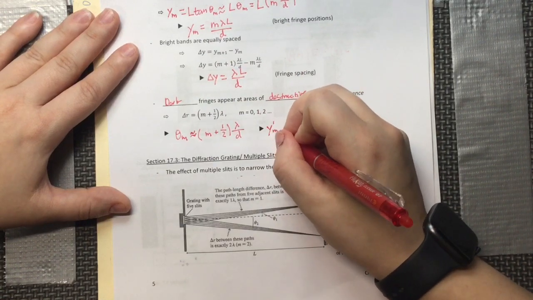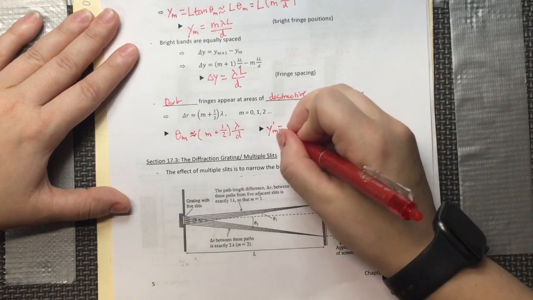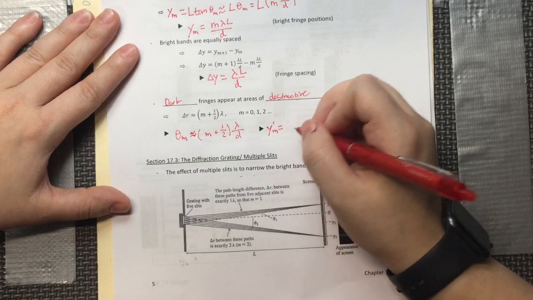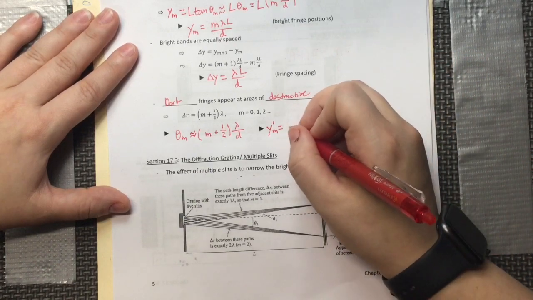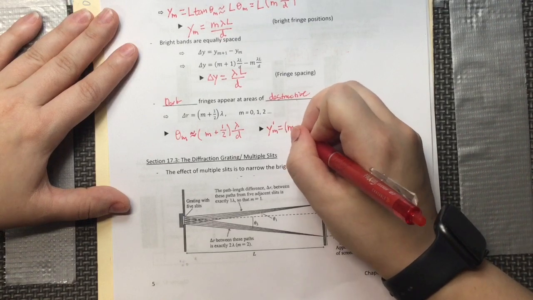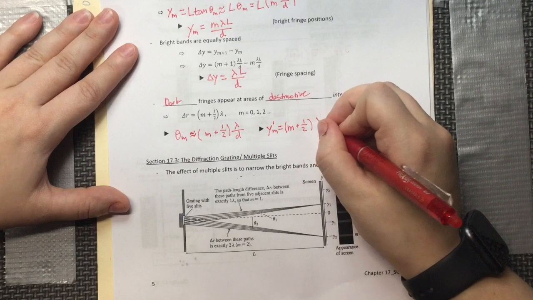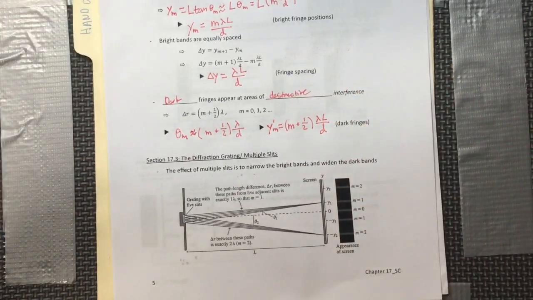We're going to call these dark fringes y prime. Our maximas were at y_m, our minimas, or our dark spaces, are at y prime_m. So these are going to be equal to m plus 1/2 times lambda L over d. It is the exact same idea as what we had before, except now we're going between the light fringes.